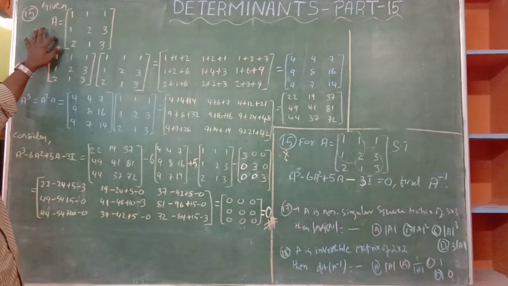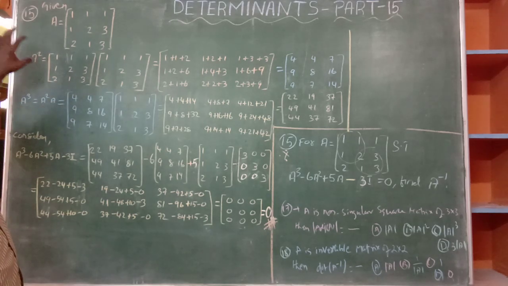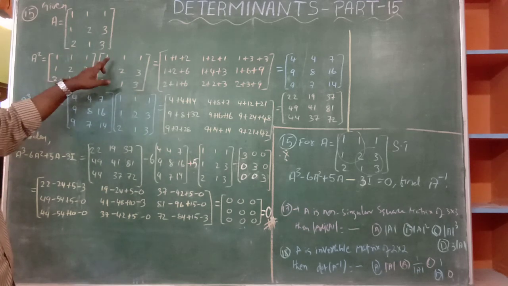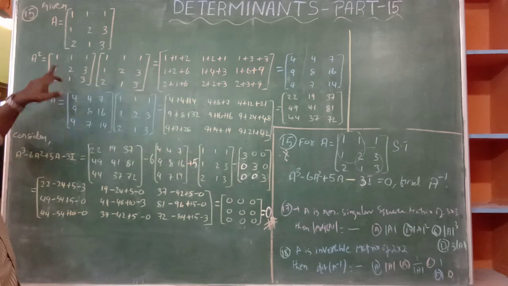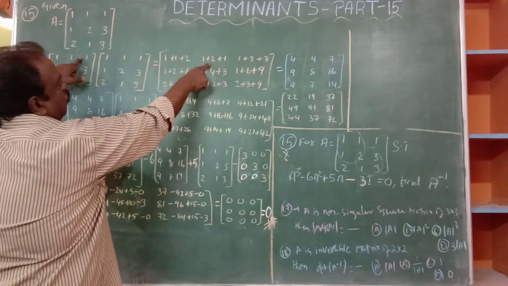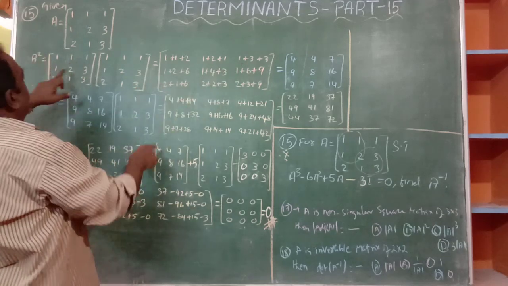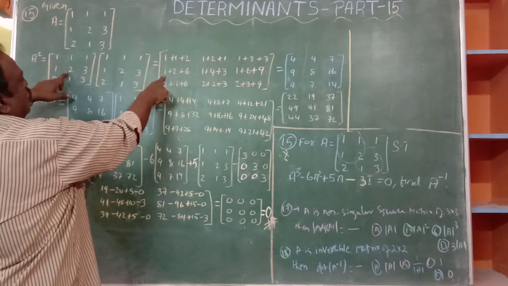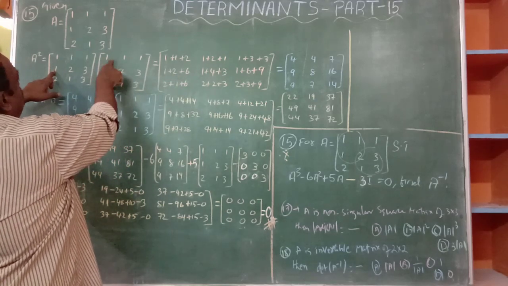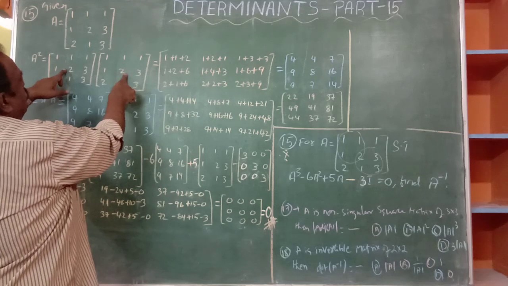We are given A. A is 1, 1, 1, 1, 2, 3, 2, 1, 3. A square means A times A. Multiplication: 1 into 1, 1, 1 into 1, 1, plus 1 into 2, 2. Similarly for the rest, row by row: 1 into 1, 2 into 1, 3 into 2, 6; 1 into 1, 2 into 2, 3 into 1.